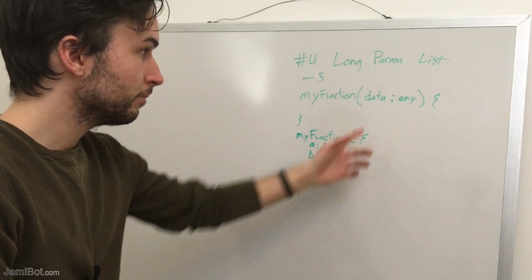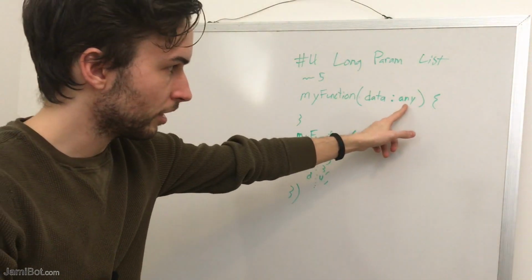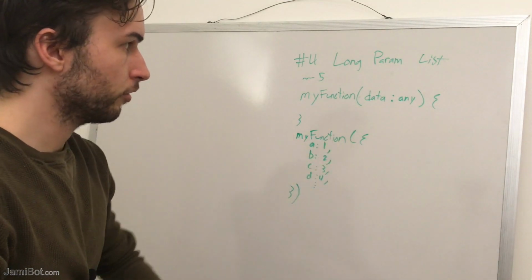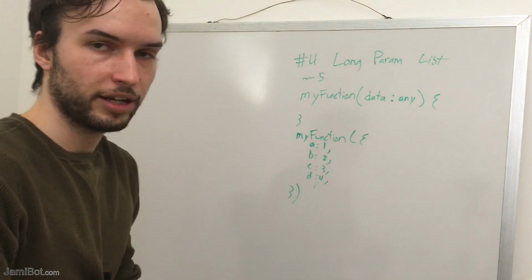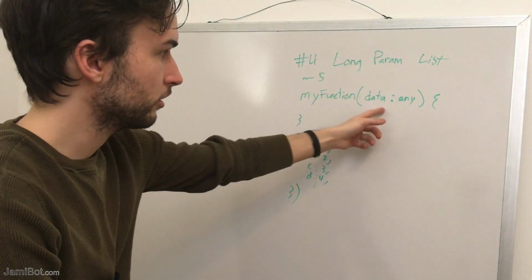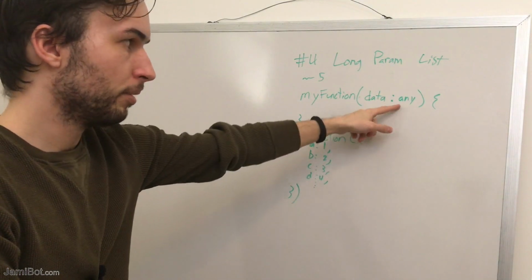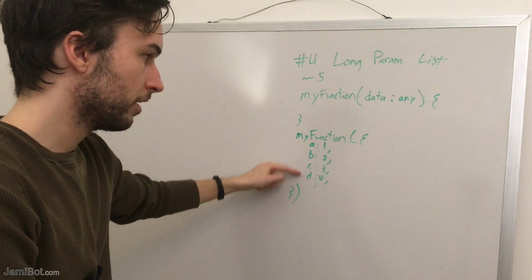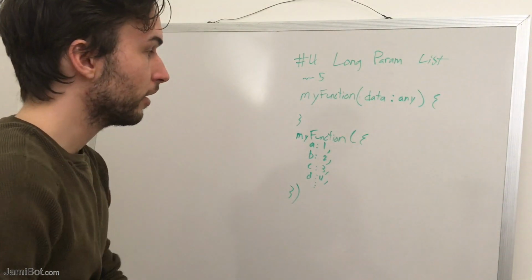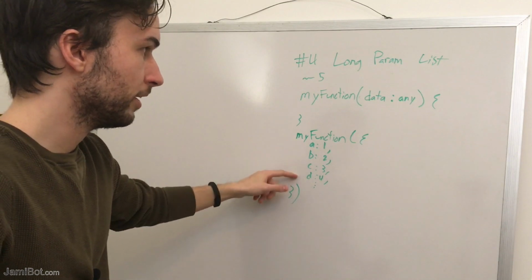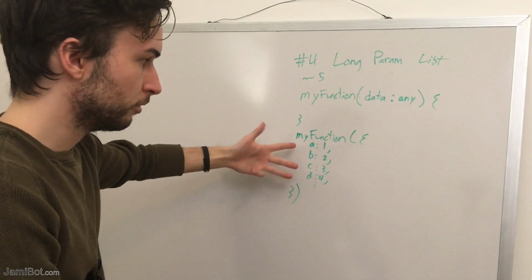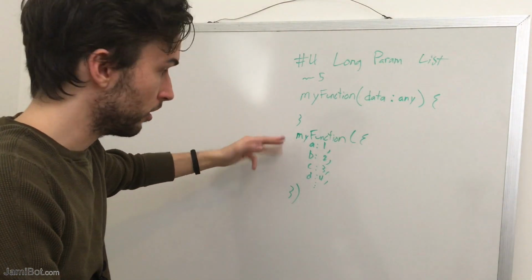But if the data is mandatory, then I can declare a specific type here instead of any, like party data or pizza data, whatever kind of data is passed into this object. I can still get compiler alerts if the callers of this function did not pass the required attributes. But I also have the flexibility of having all of them be optional. And the order being completely flexible, like the order of any of these fields could change as well.